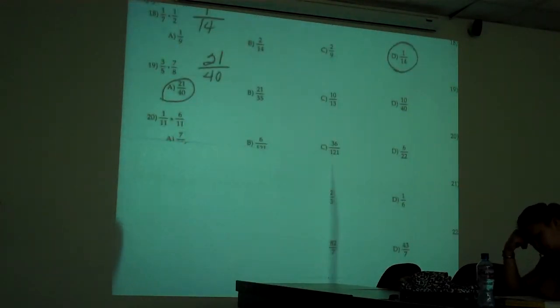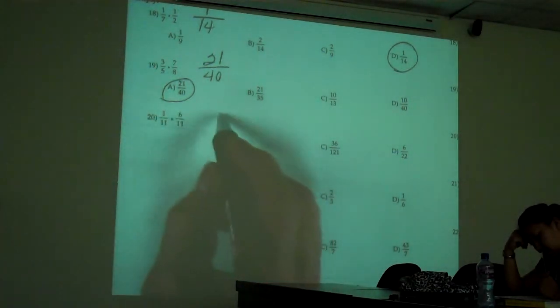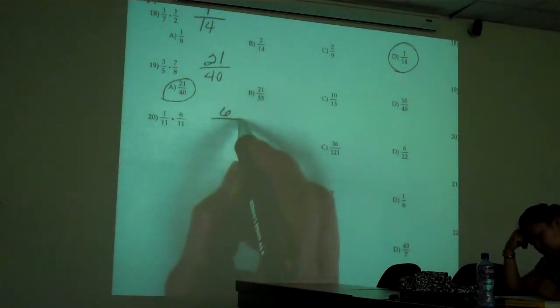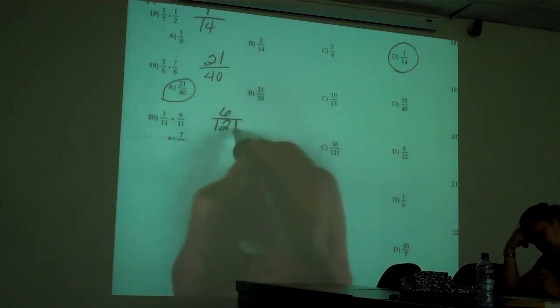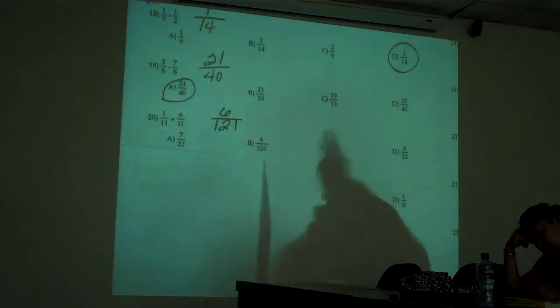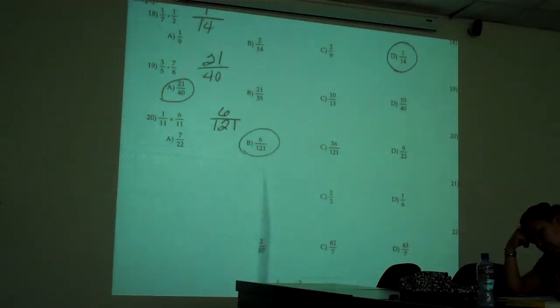Okay, the next one, multiply again. 1/11 times 6/11. 1 times 6, and on the bottom, 11 times 11. Don't leave it just 11, okay? 6 over 121.